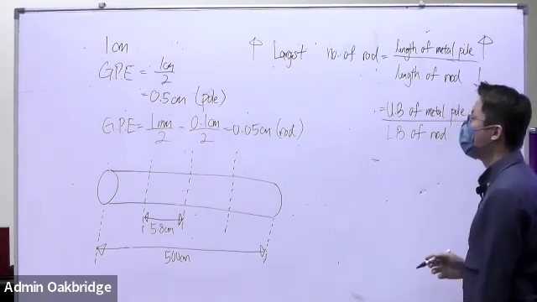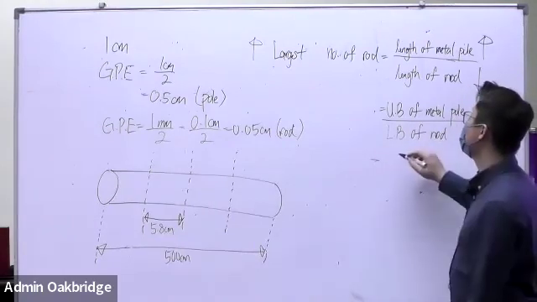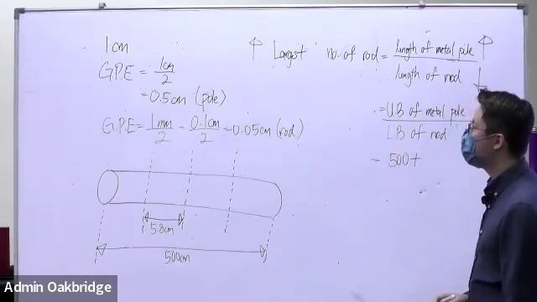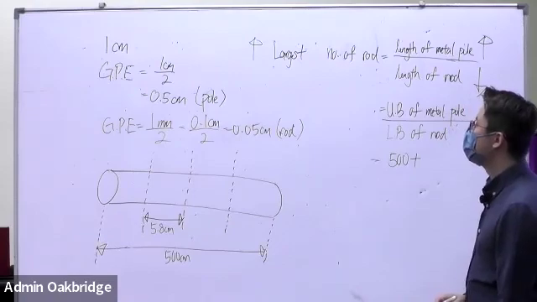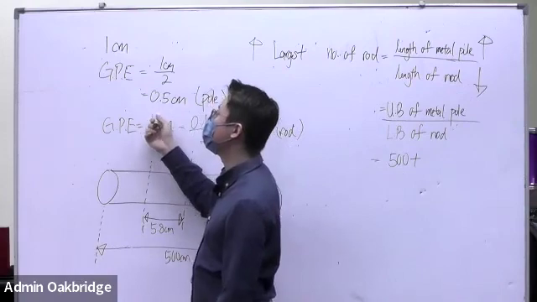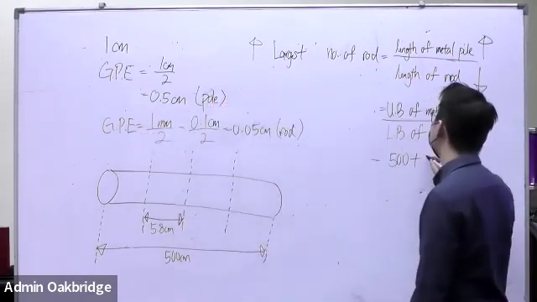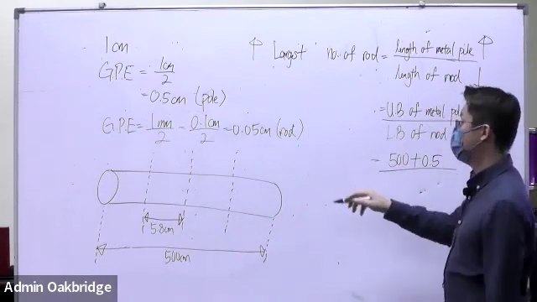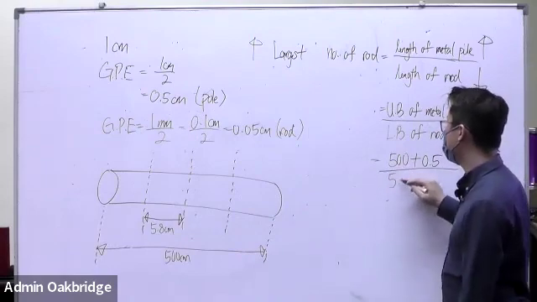So what is the upper bound? 500 plus, is it 0.5 or 0.05? Look at it carefully. We have 2 different GPE here. This is for the pole, 0.5. Divided by 5.8.